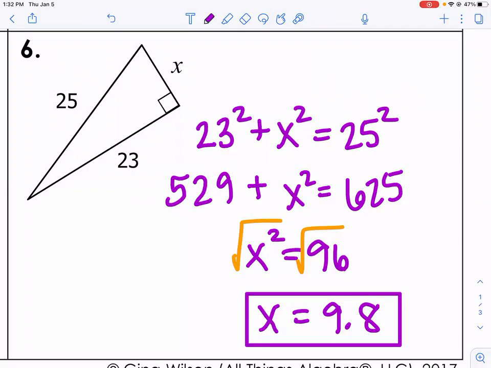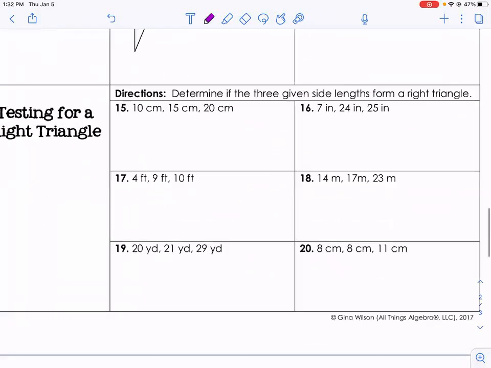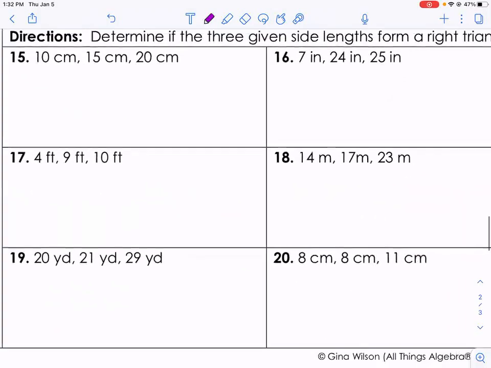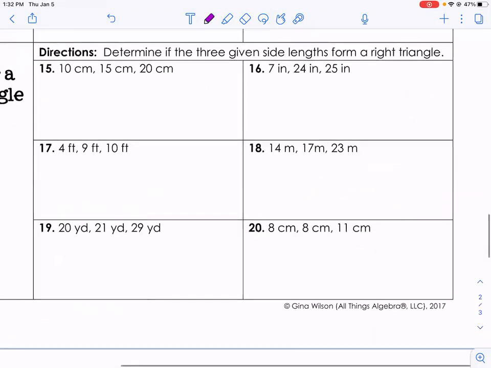The last thing you need to be able to do is verify if we have a right triangle or not. So please go to the next one. I want to come down here to 15 and 16. The Pythagorean theorem only works if we have a right triangle. So if I have 3 measurements and the Pythagorean theorem works, then we have a right triangle.